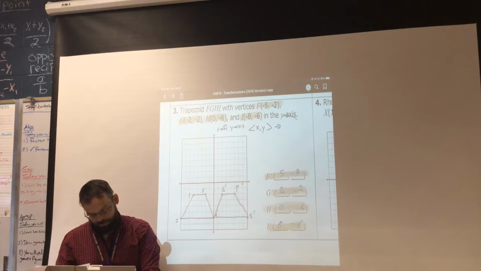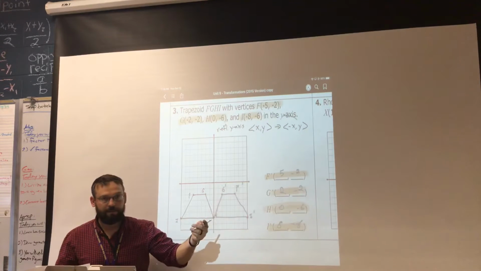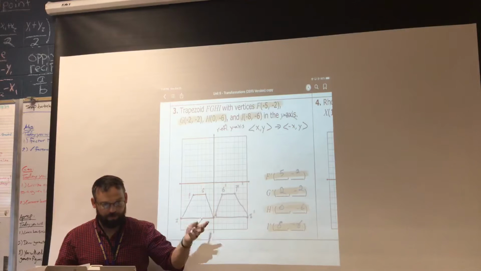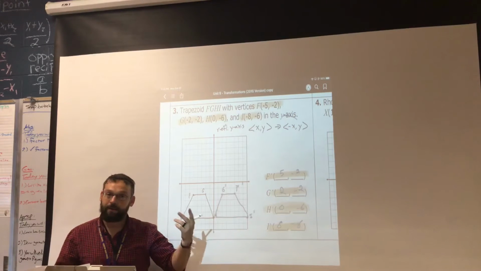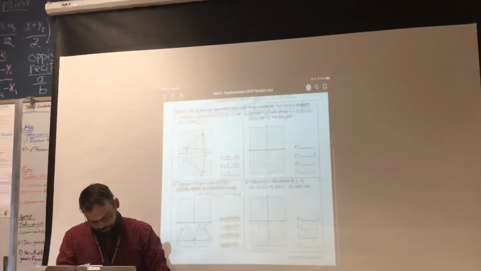When I reflect about that, it's going to be a negative x and y. What I'm telling you is that the x value negates itself. It was a -5, but you negated the -5, and it became a +5. So there's that. Let's move on.